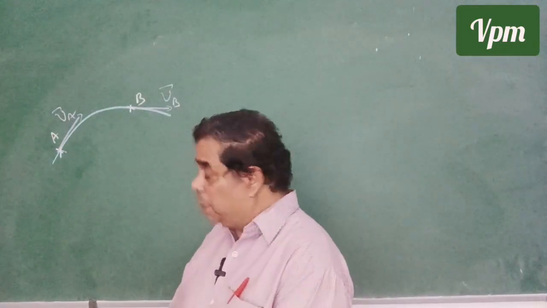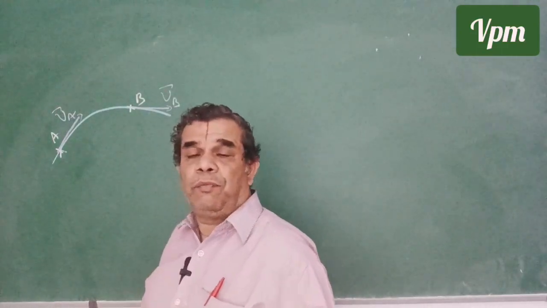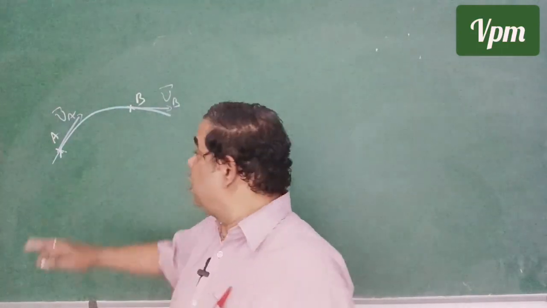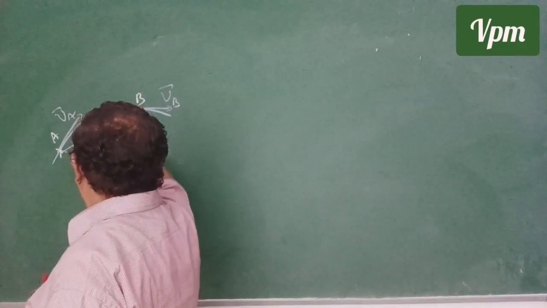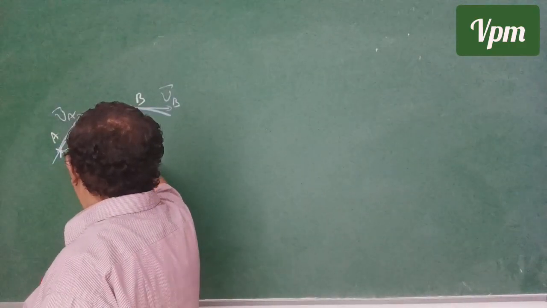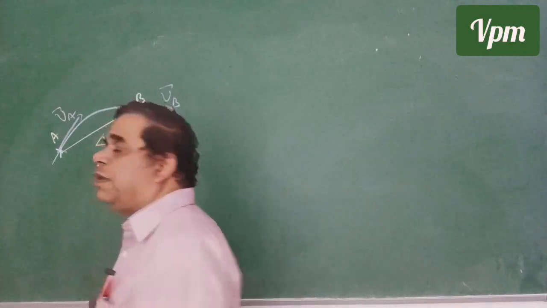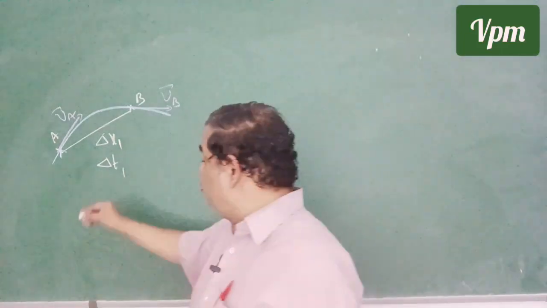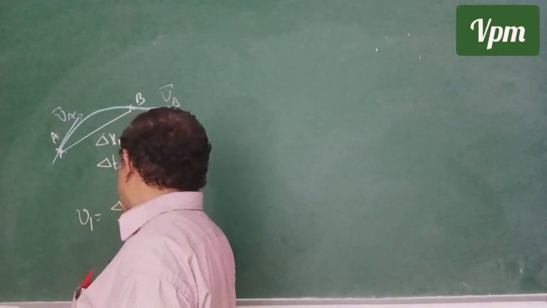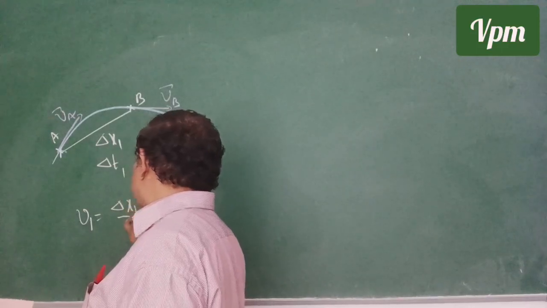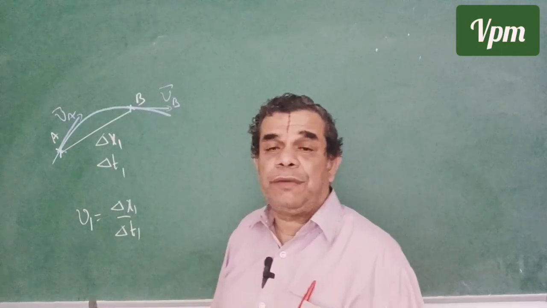For that, observe. Once we observe the object at A, by the time we look at it, it moves to B. Then it has displaced through delta x1, I say, in time, delta t1. Then if I calculate the ratio, what I get as V1 is delta x1 by delta t1.